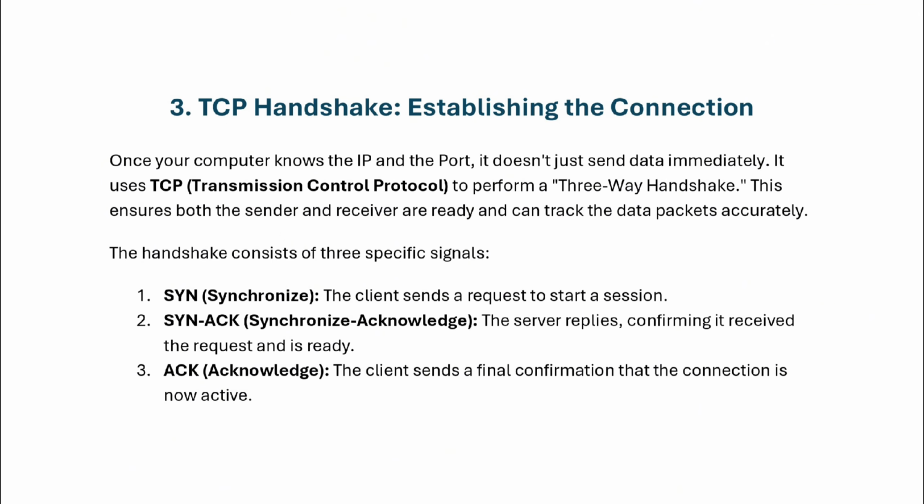Now let's understand what a TCP handshake is. Once your computer knows the IP and the port, it doesn't just send data immediately. It uses TCP, Transmission Control Protocol, to perform a three-way handshake. This ensures both the sender and receiver are ready and can track the data packets accurately.